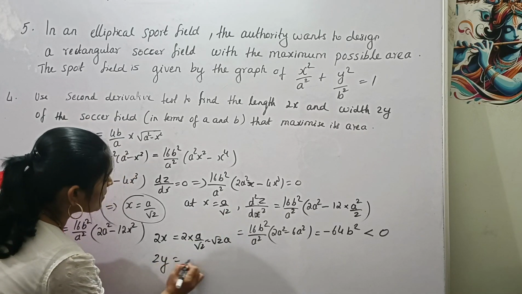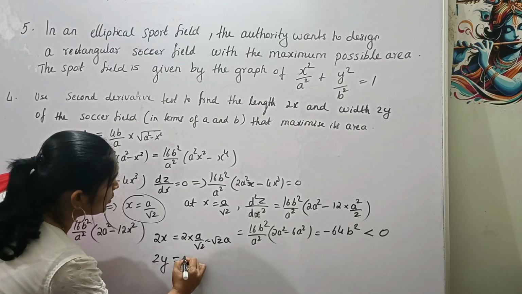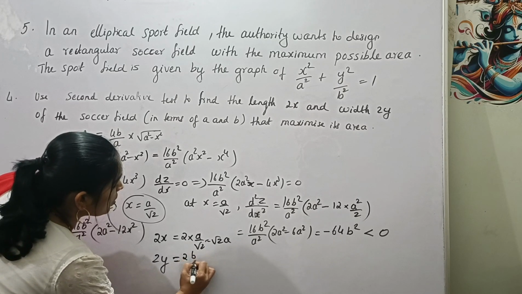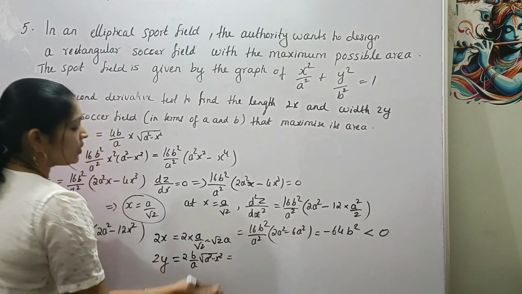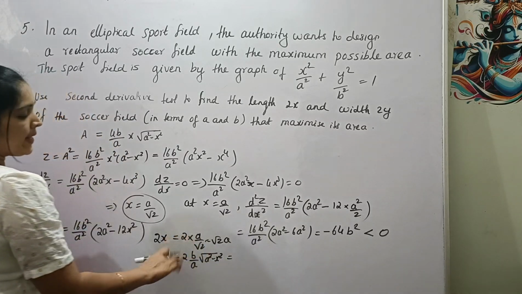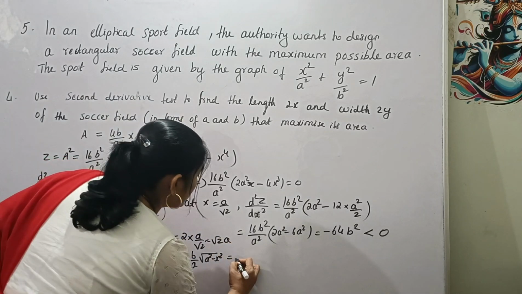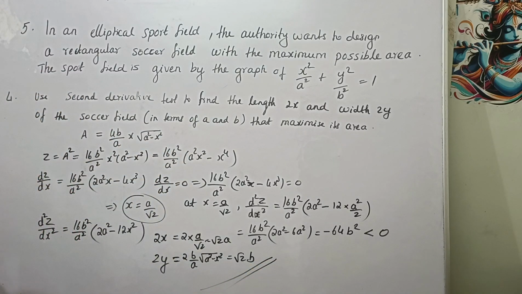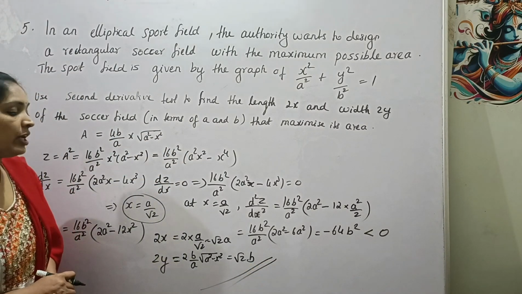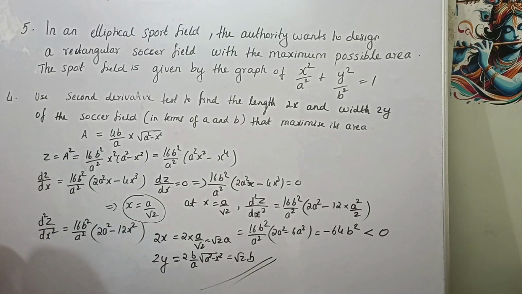And 2y is equal to 2 into b by a root of a square minus x square. Here also applying x is equal to a by root 2, we will get root 2b. So the length of the soccer field is root 2a and the width of the soccer field is root 2b, so that its area is maximum.